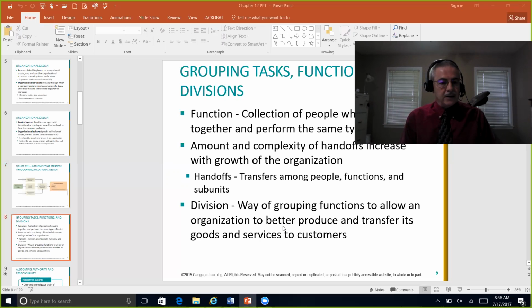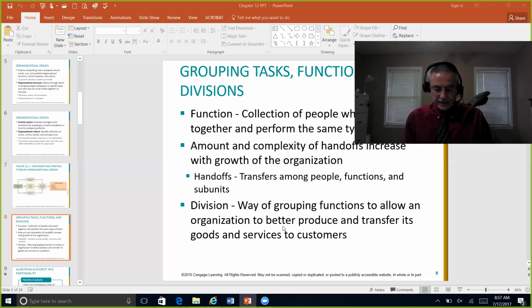So as we go about grouping some of these tasks and functions in divisions, because the organization tasks are in some cases so large, that becomes a function of its strategy. And the dominant view today is that companies will choose a form of structure to match their organization strategy.